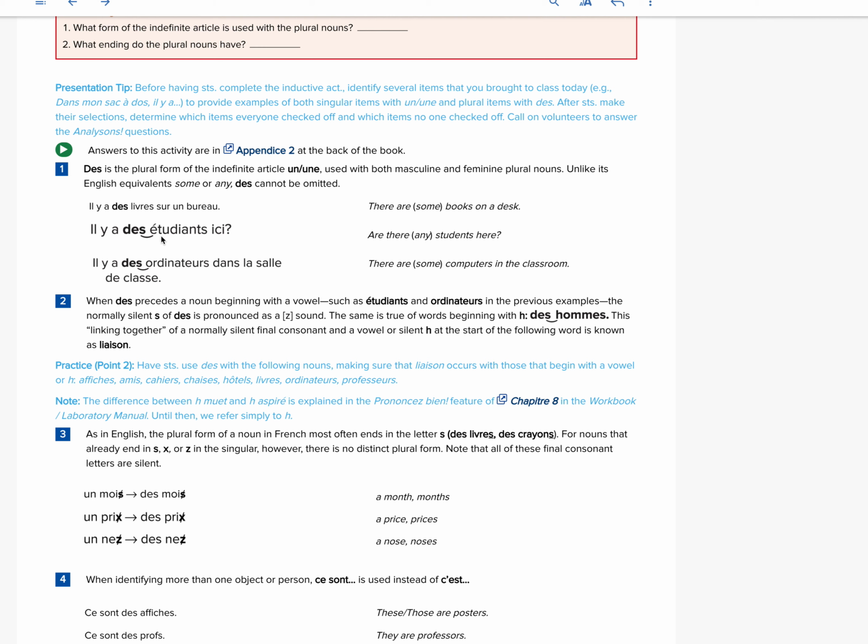And in French, we try to avoid the pronunciation of two vowels together. Not all the time, but most of the time. So that's why S will be pronounced here, to maintain the rhythm of French. So you say, il y a des livres sur un bureau. Il y a des étudiants ici. Il y a des ordinateurs dans la salle de classe.